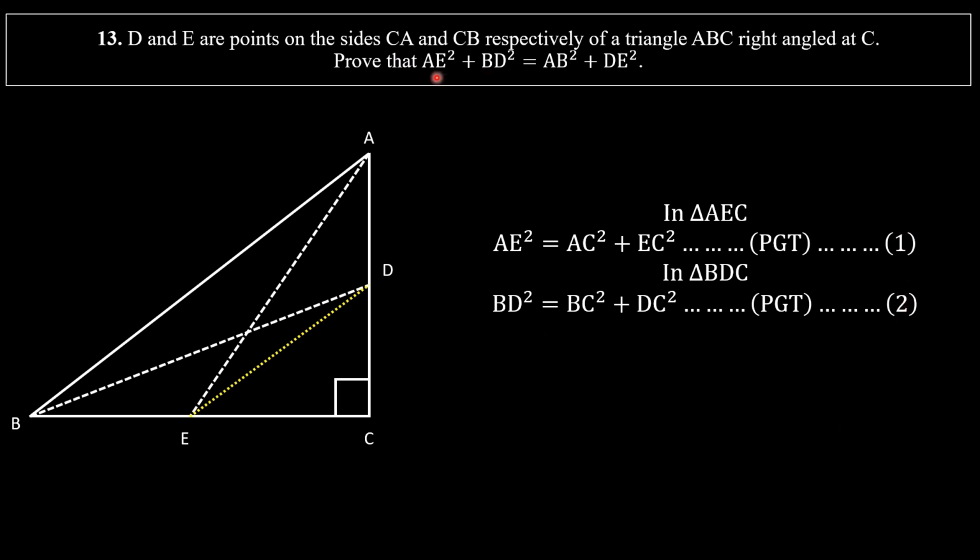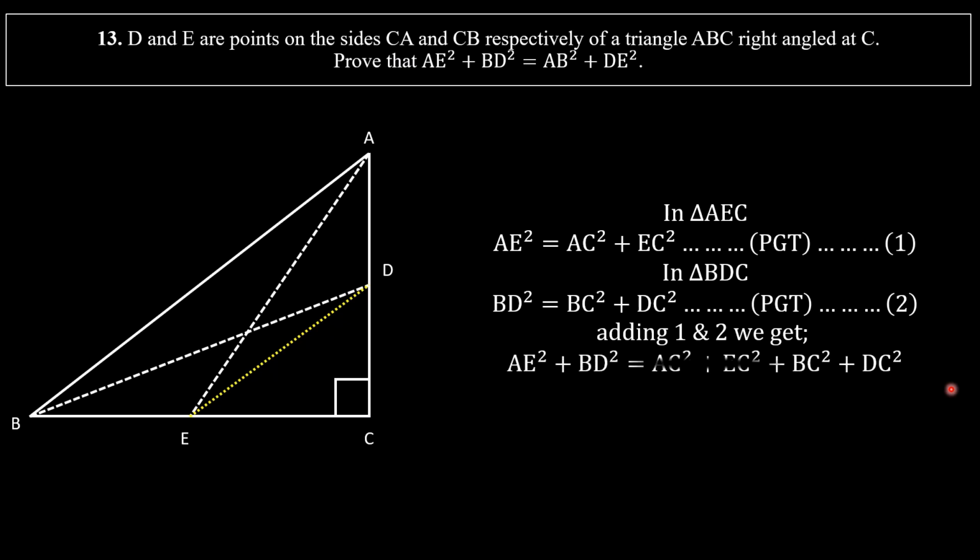Now on the left hand side, AE square plus BD square, we will add 1 and 2. Let's see what we get. On the left hand side AE square plus BD square, on the right hand side AC square plus EC square plus BC square plus DC square. Now we'll rearrange these terms like this: AC square plus BC square, and EC square plus DC square.